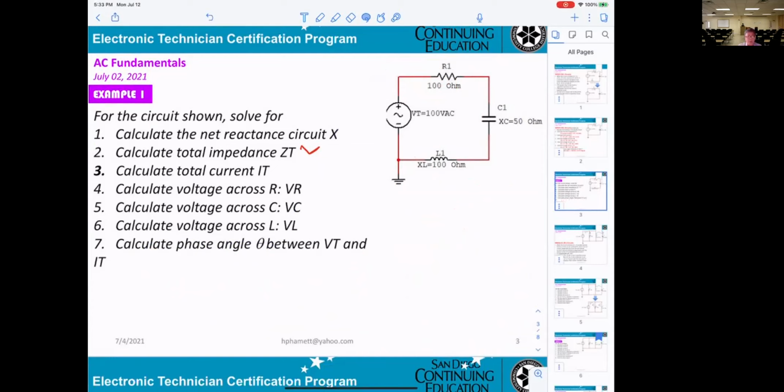Okay, last time we already talked about RCL in series. For the circuitry, either serial or parallel, you cannot solve the problem with both capacitor and inductor.